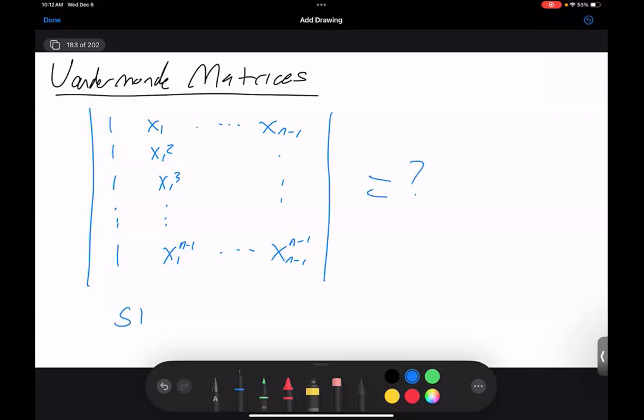And so what's the size of this matrix? N by n. And the determinant, it's unclear what the determinant is. That's what we want to figure out.